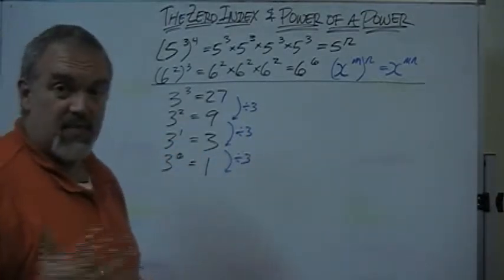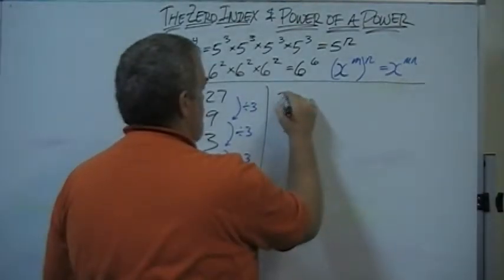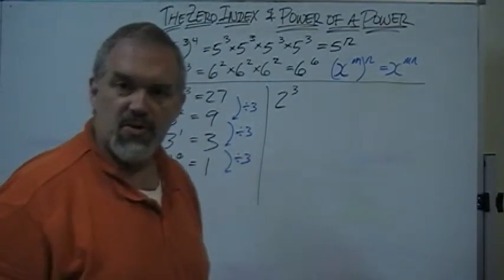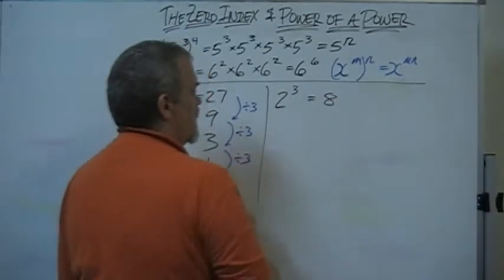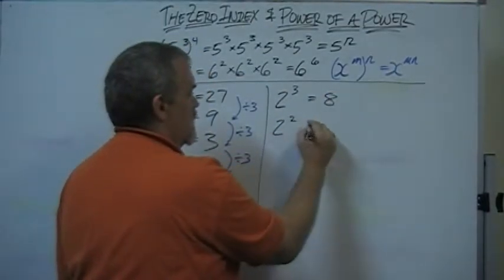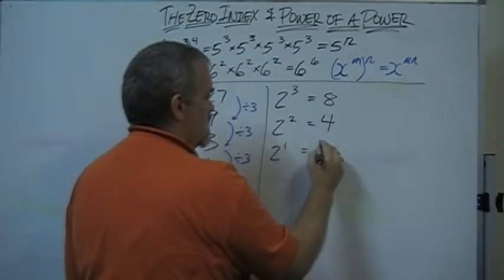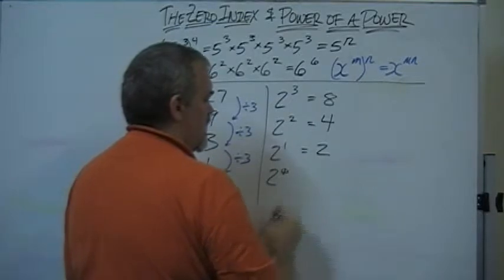Let's use another example, same exact idea. Let's use 2. 2 cubed is 8. 2 squared is 4. 2 to the first is 2. And 2 to the 0 equals what?